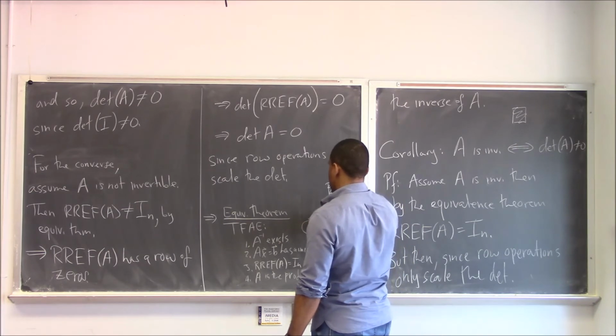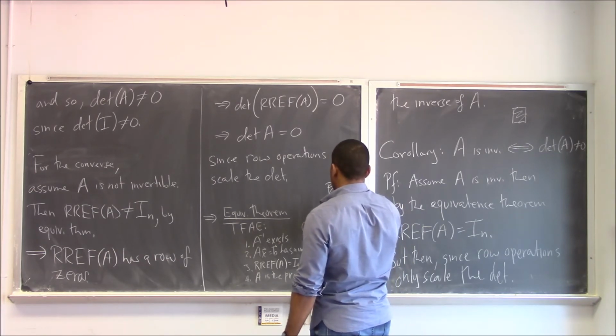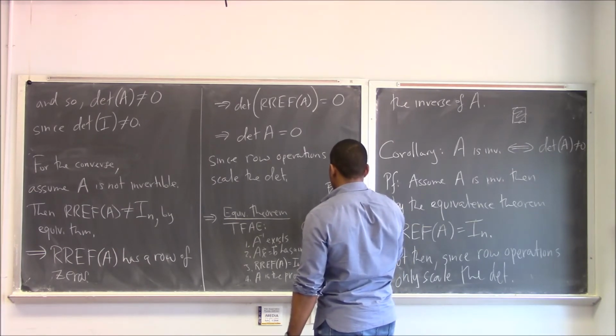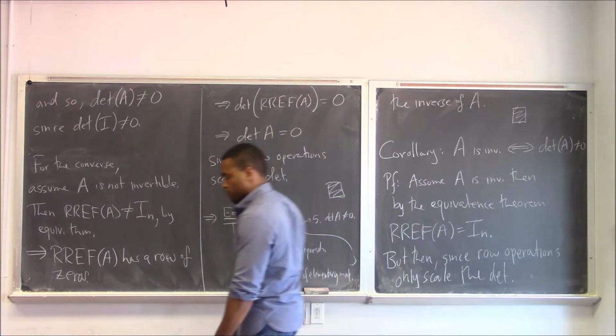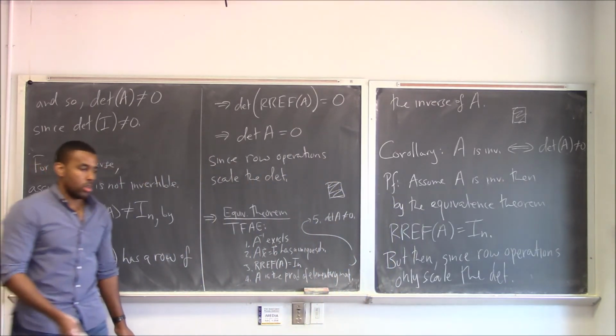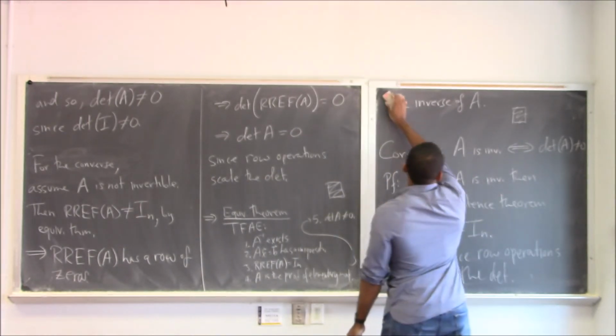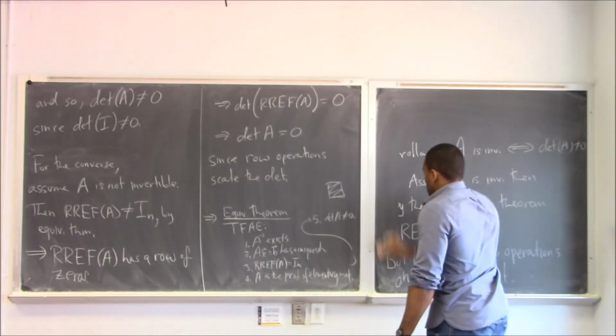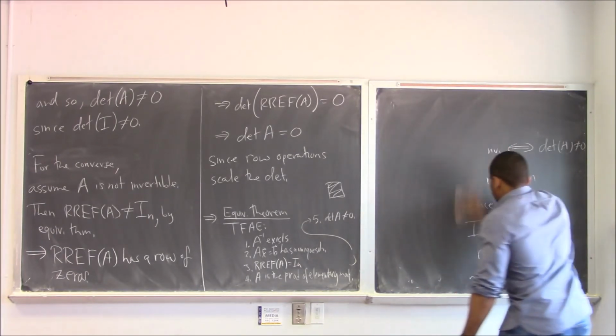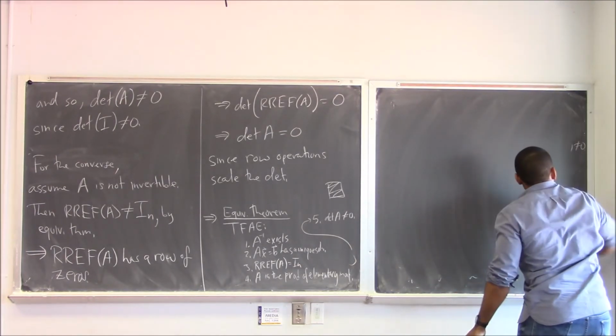And 5, the determinant of A is not 0. All these things will connect. If you know one, you know all.